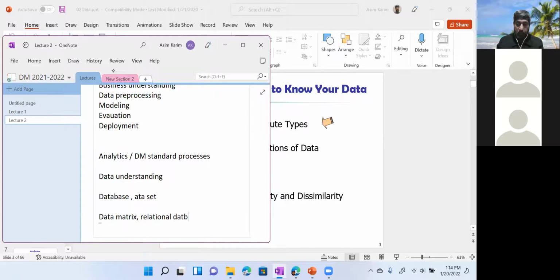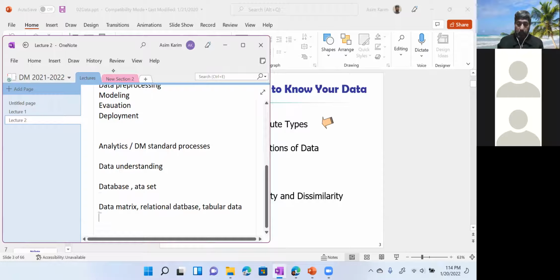Although relational databases have some other stricter conditions, as you must have studied in databases, still you can say it is tabular data. So what is in tabular data? You have rows and you have columns, right?